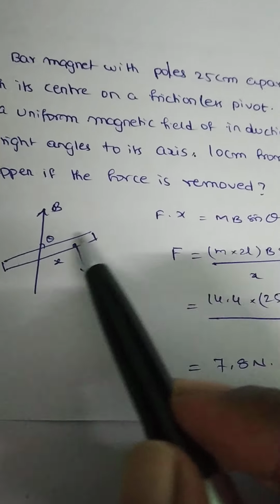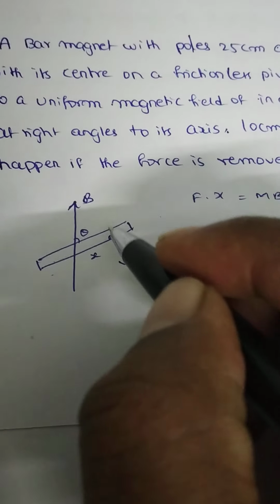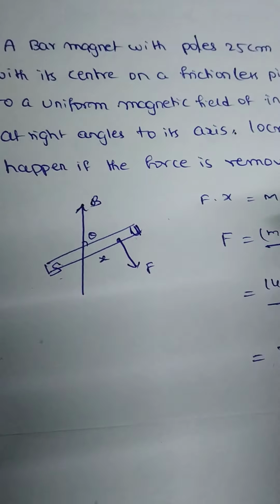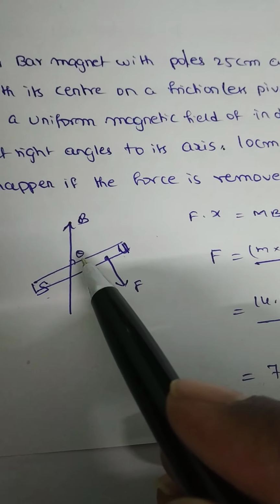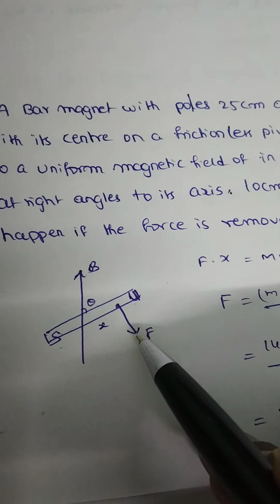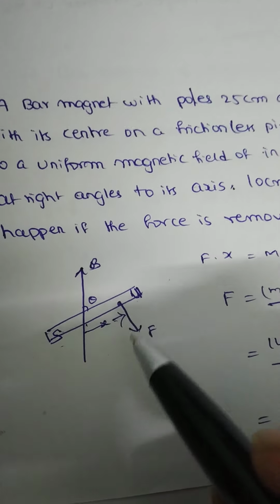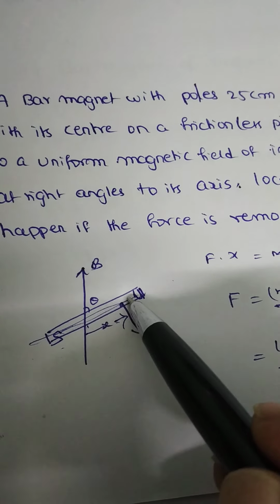So the situation is here. A bar magnet is suspended in the uniform magnetic field, this is the north pole and this is the south pole. Here the magnet is turned through an angle theta such that the force applied is at a distance x from the center, and this force is applied perpendicular to the length of the magnet.